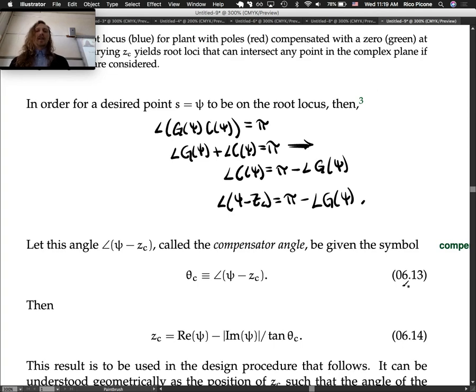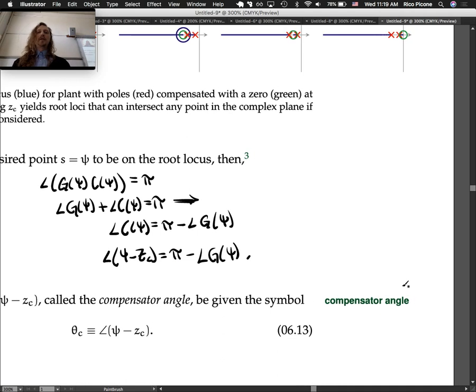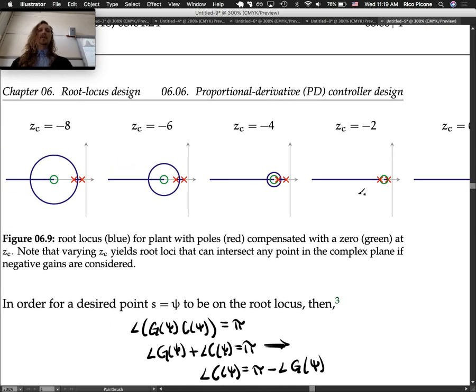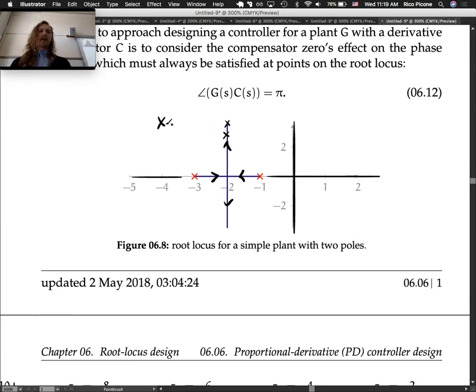So let's think about this from a geometric point of view for a second. I'll just use this graph actually. Say this was the point that we're trying to get to. This is our psi, let's say. And I'll clean this up just to make it a little less confusing looking. So there's our psi we want to be at.